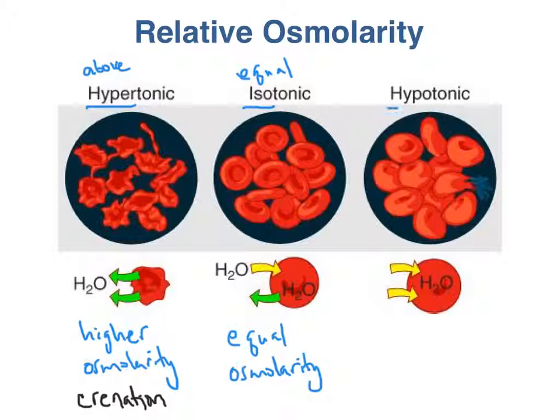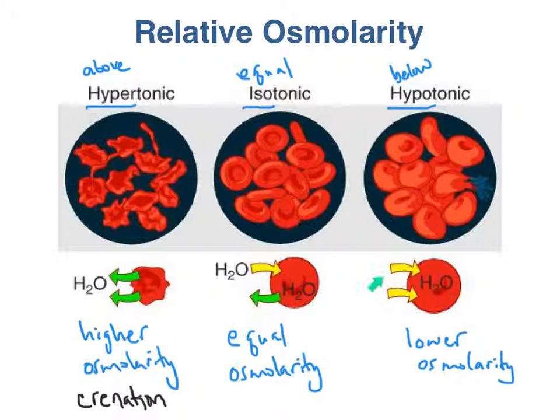The prefix hypo means below or lower. Like if you have a hypodermic needle, it's a needle that goes in below the skin. So a hypotonic solution is a solution with a lower osmolarity, so fewer solutes in it than the cell.